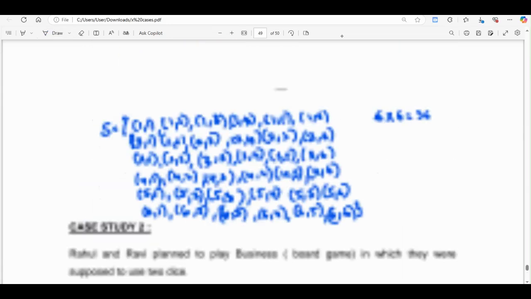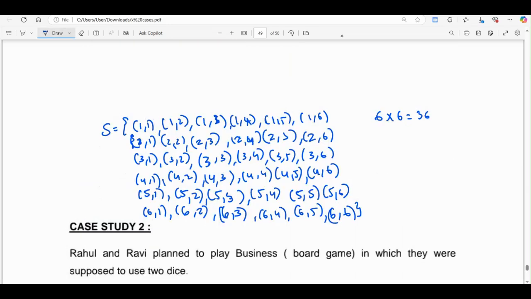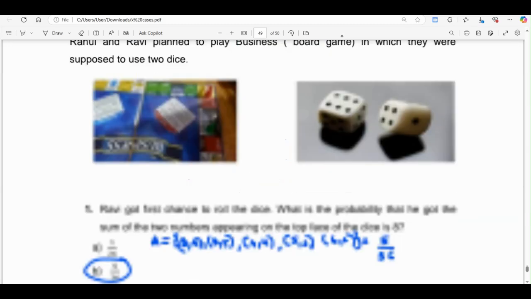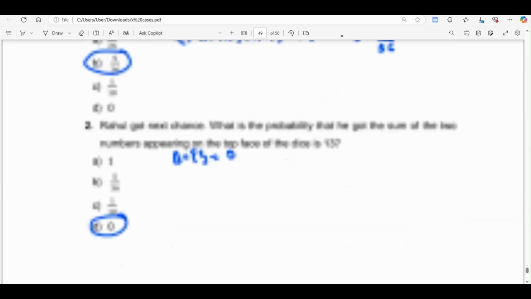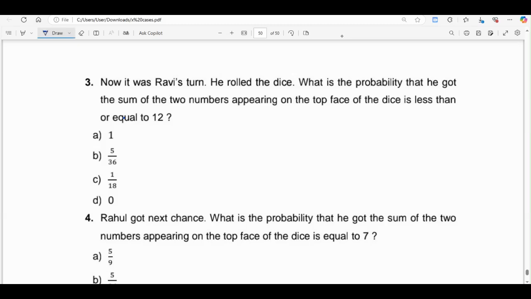When you add, every outcome is less than or equal to 12, so the whole sample space qualifies. So we write 36 divided by 36, which is nothing but 1. All 36 elements have a sum less than or equal to 12.